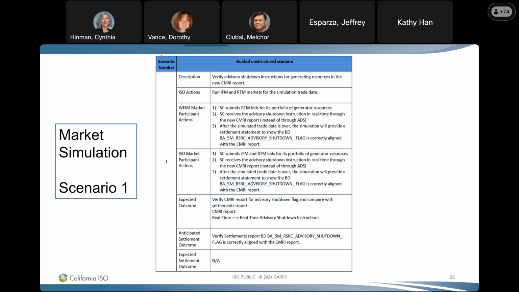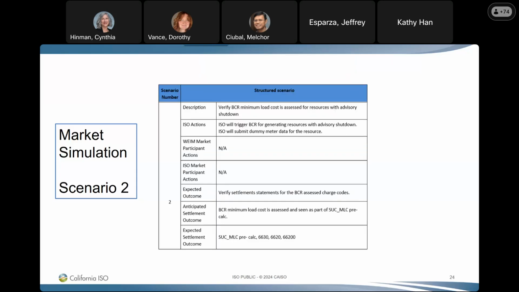Also, it should trigger that flag, so you will see the settlement implications of that as well. So what we're asking you to do for this particular one is to make sure that the CMRI report is providing you with the correct information. Also, you will want to validate the settlements.